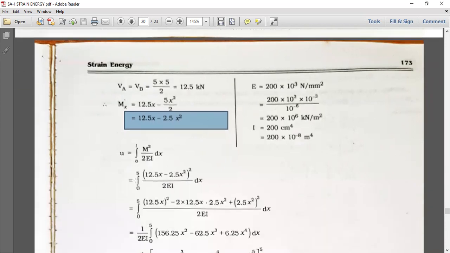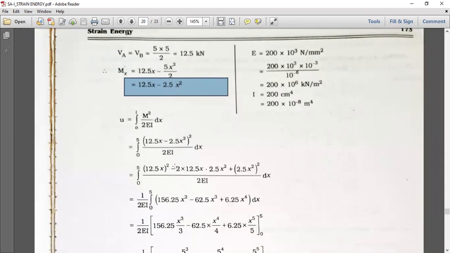Now limit 0 to 5, 12.5x minus 2.5x square, whole square, divided by 2EI. Take 2EI out. We get 12.5 x square minus 2 into 12.5x into 2.5x square plus 2.5x square whole square.